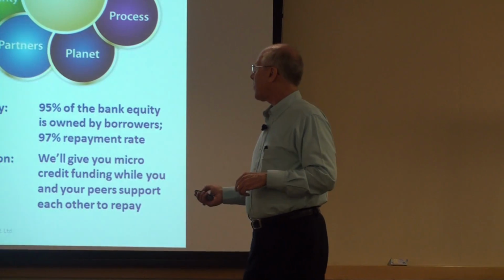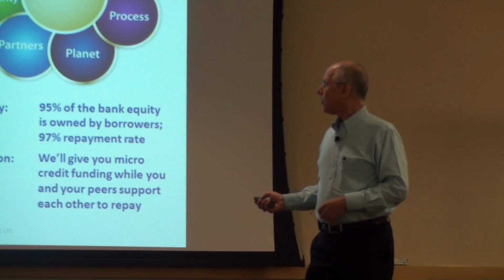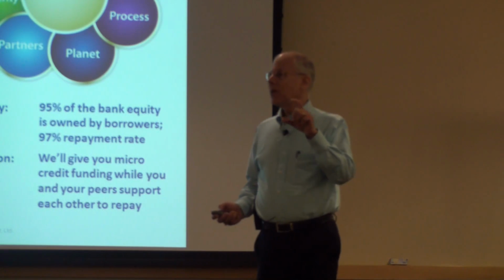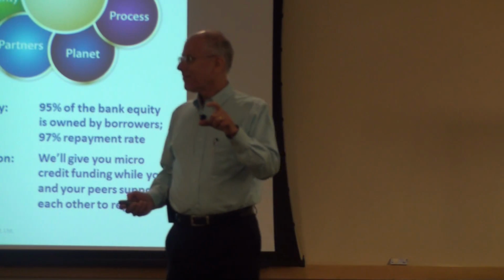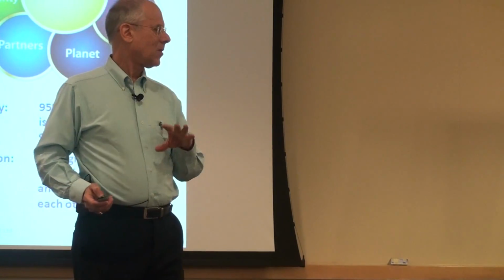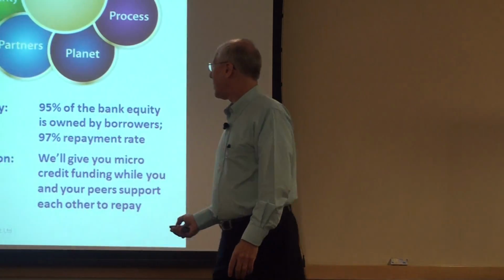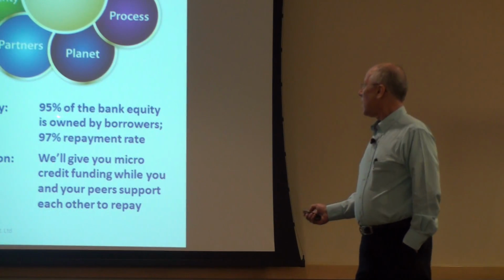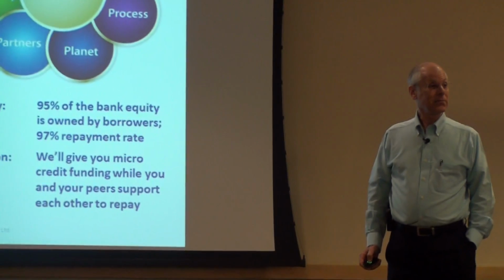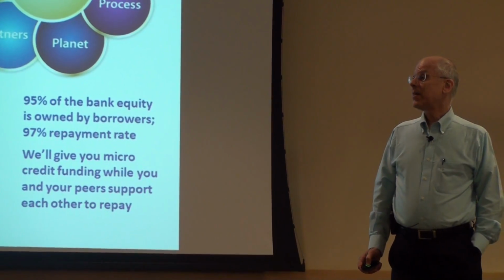The process, the bank branches of rural groups, borrower groups that support and monitor their accountability, because see, there's no contracts, there's no collateral, there's simply accountability between you and your peers who are fellow borrowers. And their partners were government. 95% of the bank equity is actually owned by the borrowers. 5% by the Bangladesh government.